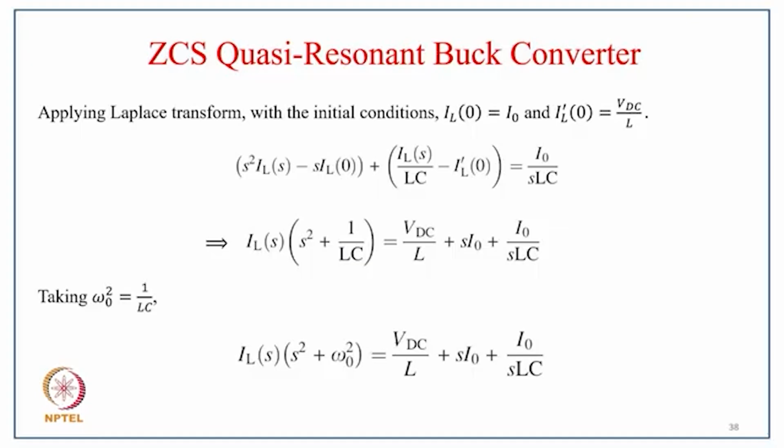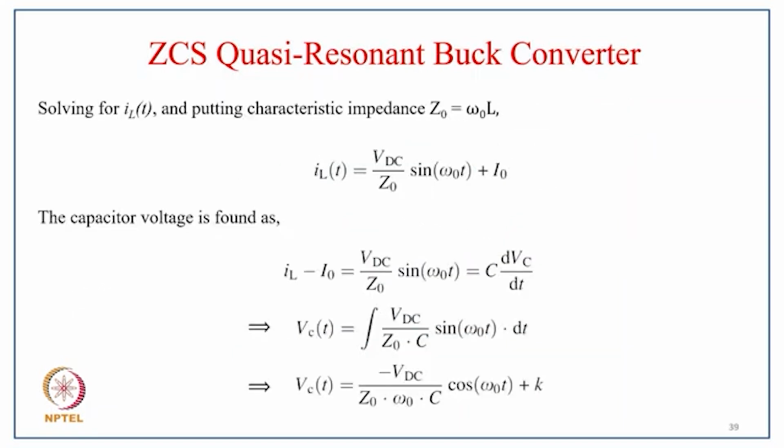Taking omega 0 square equal to 1 upon LC, that is IL(S) in brackets S square plus omega 0 square equal to VDC upon L plus S I0 plus I0 upon SLC. So solving for IL and putting characteristic impedance Z0 equal to omega 0 L, that is IL(t) equal to VDC upon Z0 sin omega 0 t plus I0.